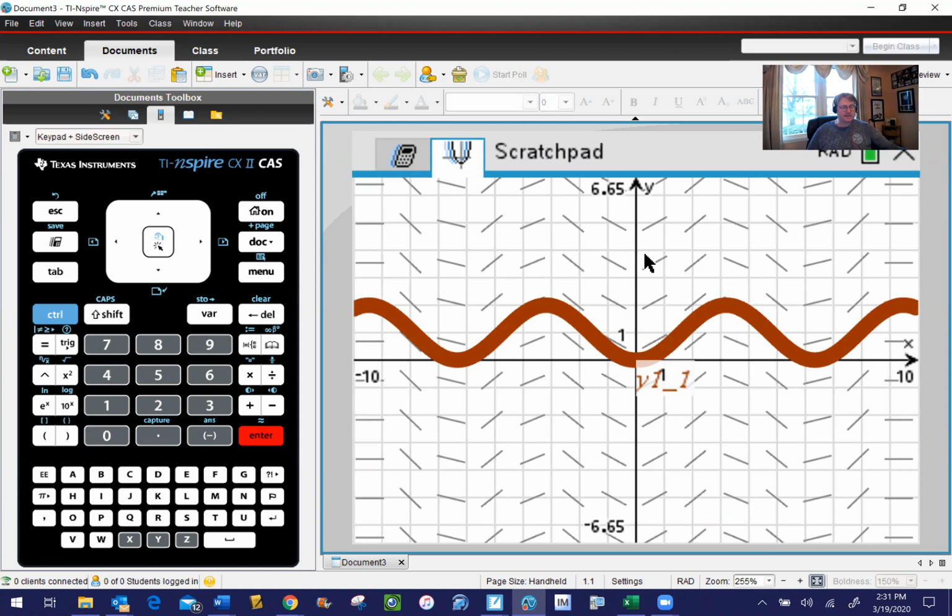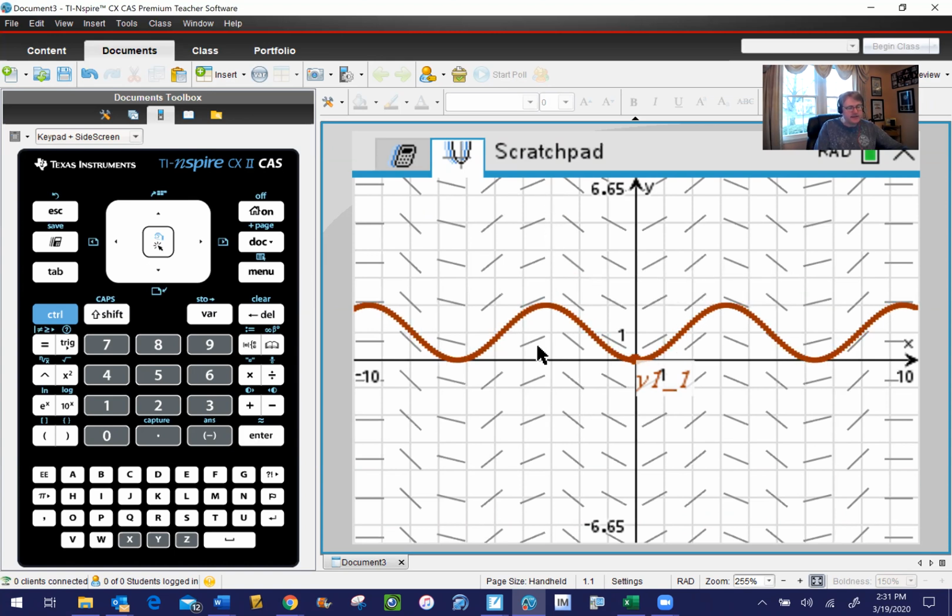And through that slope field, we know that we can have a whole variety of different curves, right? This just being one of them. But this curve could have been shifted vertically upwards or downwards, depending on what that initial condition was. But do you agree that this curve looks like it could be negative cosine of x plus 1?